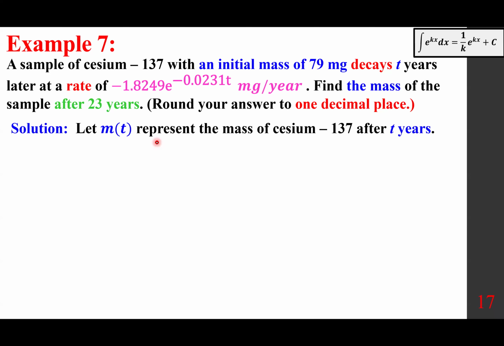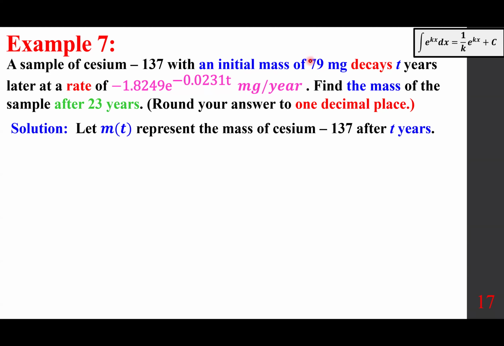So what is given is this. This is the rate. This is the dm/dt, everybody. This is the derivative. The dm/dt is negative 1.8249 e to the power of negative 0.0231 t. This is the initial value. That means m at t equals 0. M of 0 is 79.